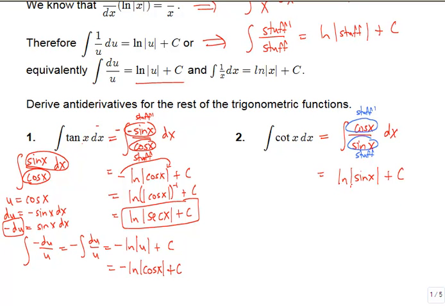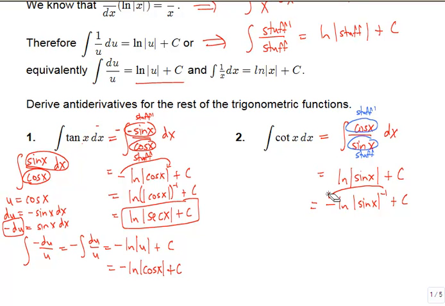Now it's, again, perfectly fine to leave your answer like this, but what's typically done is to change this into a negative ln of sine of x raised to the negative 1 plus c. Now why is that the same as ln of sine x plus c? Well, if you were to bring this power down, this negative 1 would cancel out that negative out front, giving you a positive.